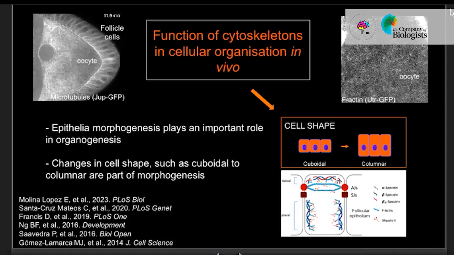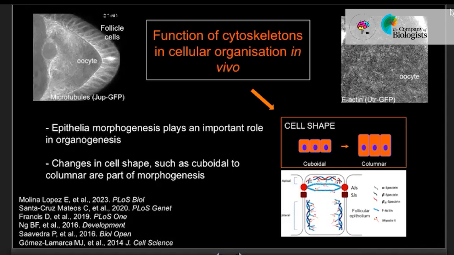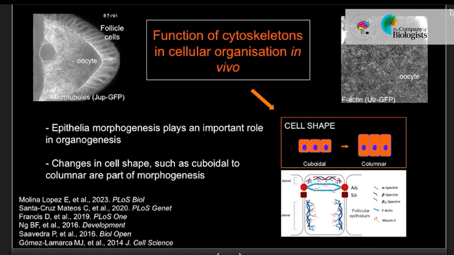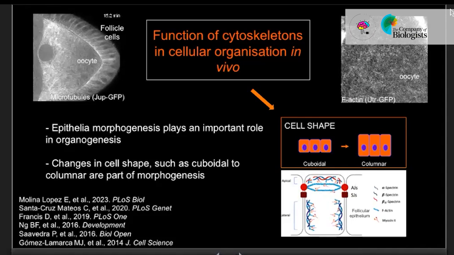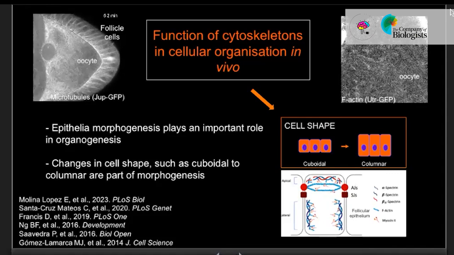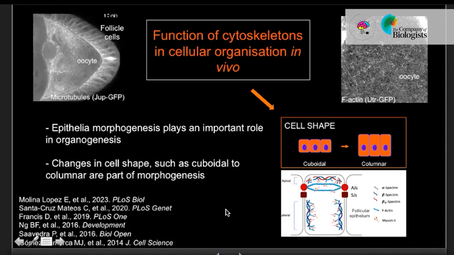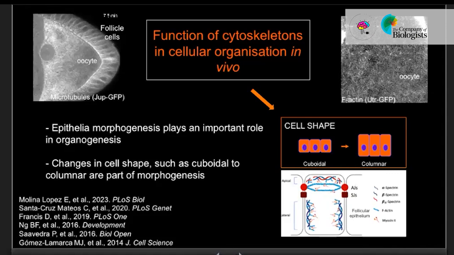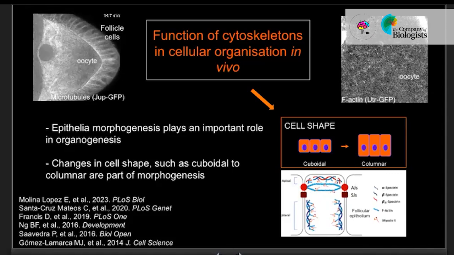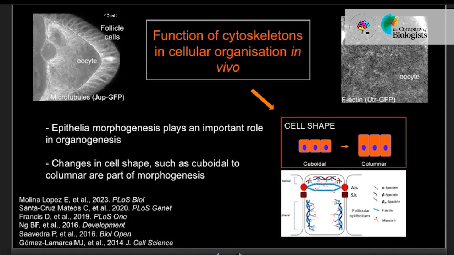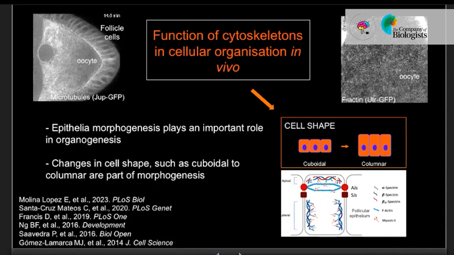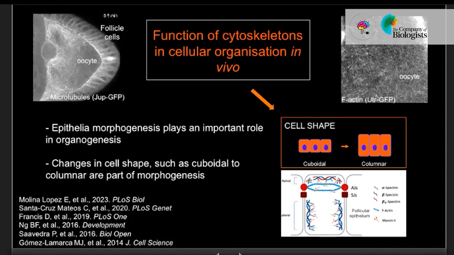And of course, epithelial shape is important for organogenesis, for formation of the organ, as well as for the function of a mature epithelium later on. And we've been studying this in the fly for a while. And again, now we're trying to analyze what may be true in the human models that we are looking at. So that's just the summary of what we've been doing in the fly.